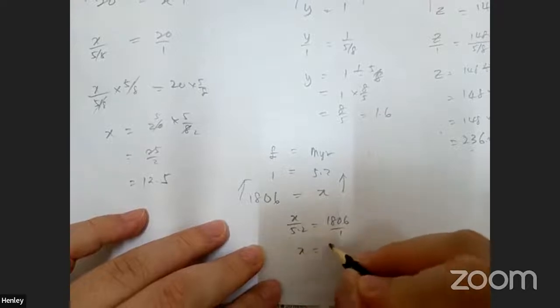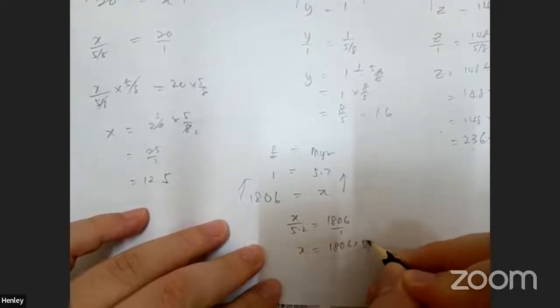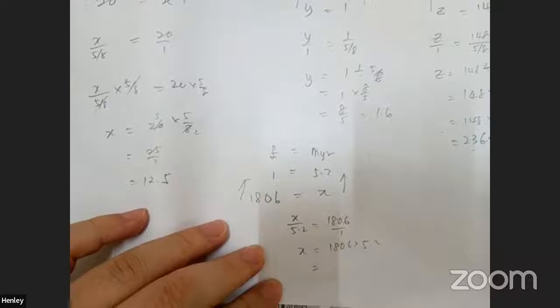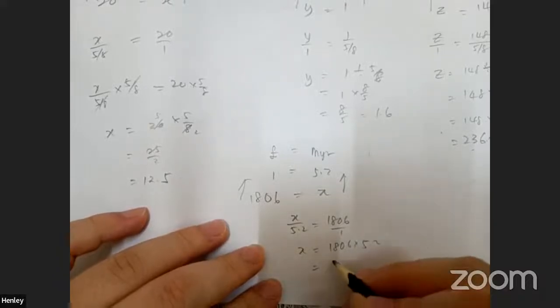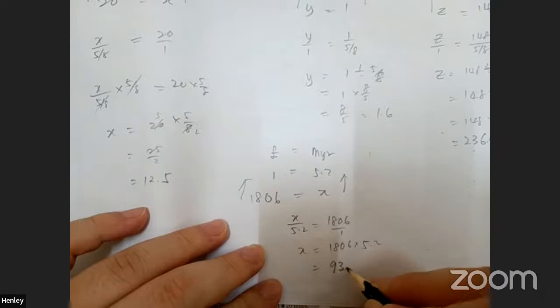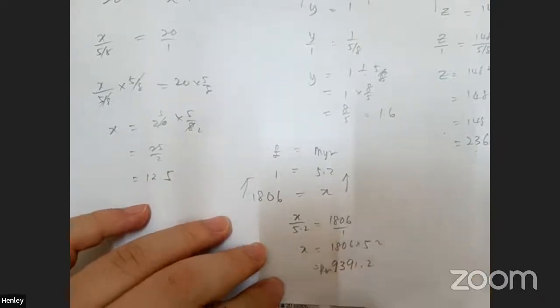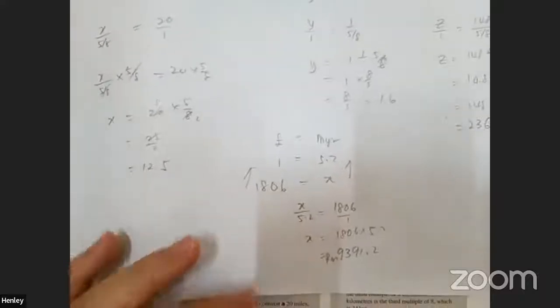So the X is 1806 times 5.2. So the answer will be 9,391.2 ringgit Malaysia. Okay, this is how much money you need to buy something from UK, which is already converted into our Malaysian ringgit. Okay, I would like to use this ratio method.